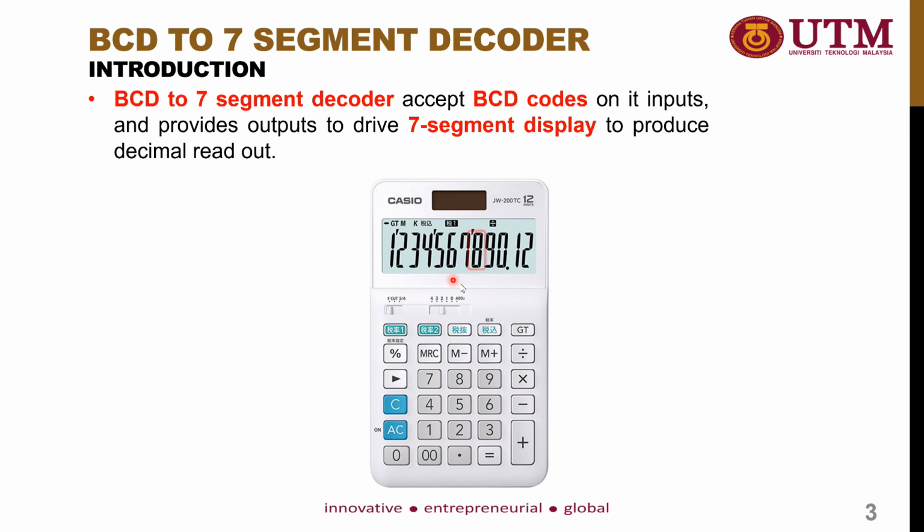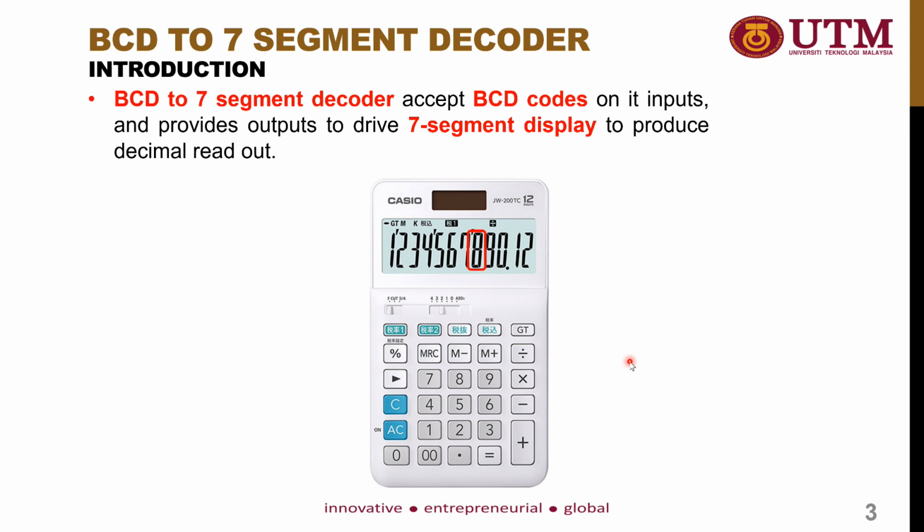For example, the number 8 has a total of 7 segments: 1, 2, 3, 4, 5, 6, and 7. Each and every segment has been switched on to display the number 8. Because the number of segments is 7, it is called a 7 segment display.